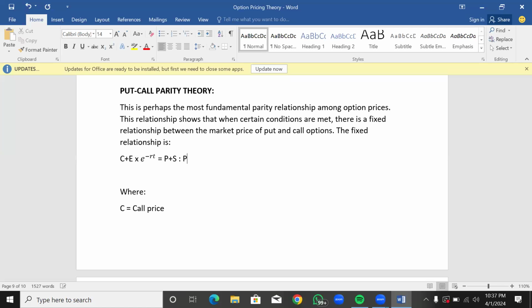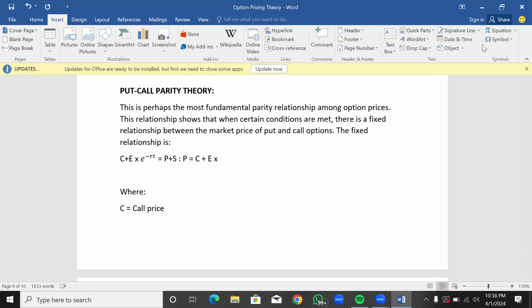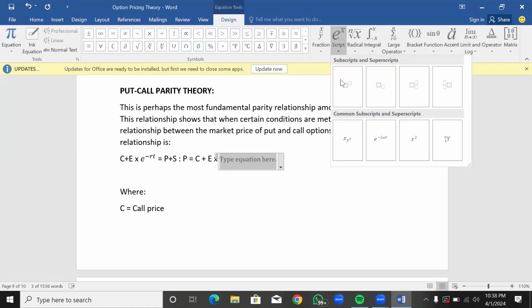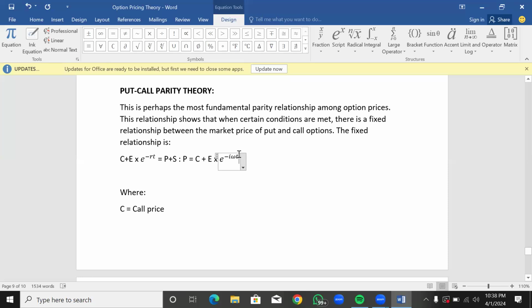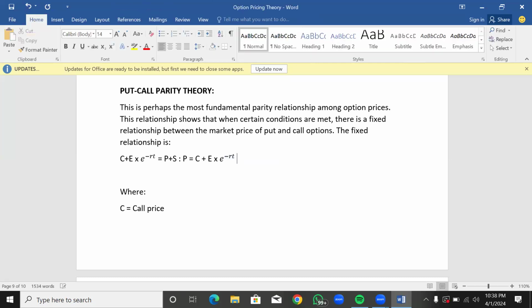Let's now say, automatically your put option equals your call option plus your exercise price times this exponential, exponential minus RT, now minus your stock price. Let me bring this down so we know what we are writing.